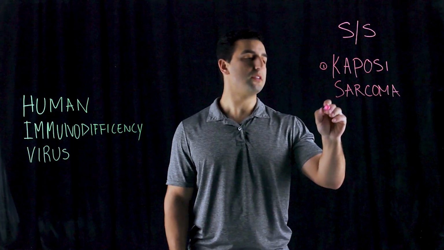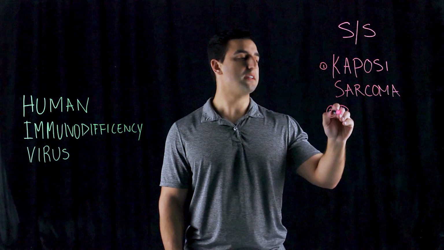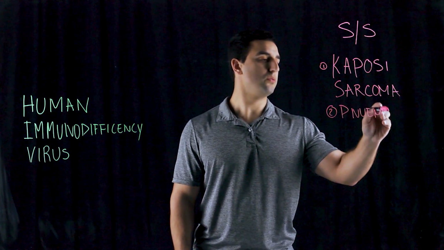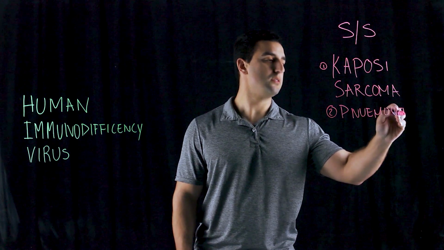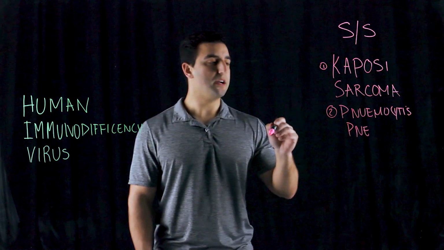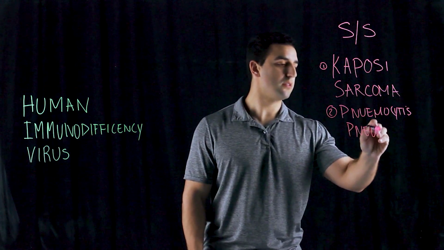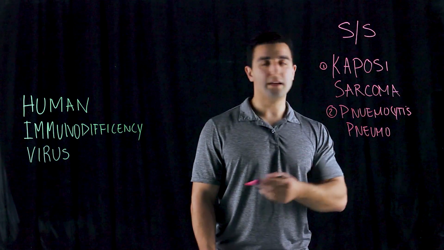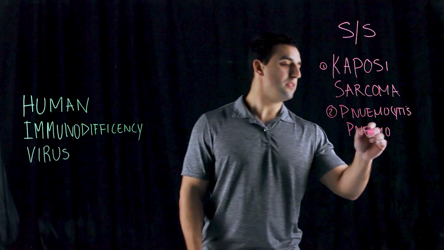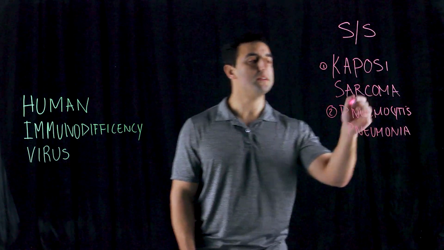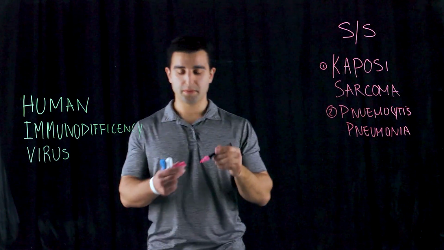And the second condition was pneumocystis pneumonia, where you have some kind of fluid in your lungs, in your alveoli, due to some abnormality, infection, toxin, or rupture. So these patients experienced these two very common conditions that were diagnosed with HIV.